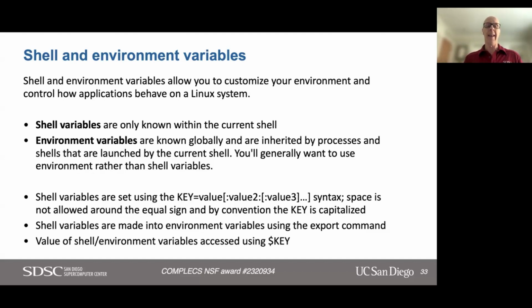Shell variables are set using the key equals value syntax. Space is not allowed around the equal sign, and by convention, the key is going to be capitalized. Shell variables are made into environment variables using the export command, and the value of a shell or an environment variable is accessed using $key.